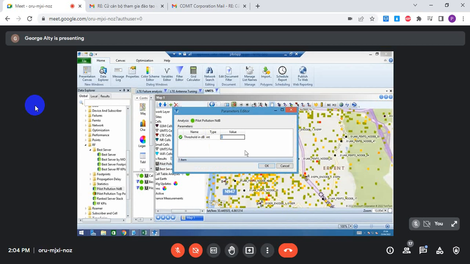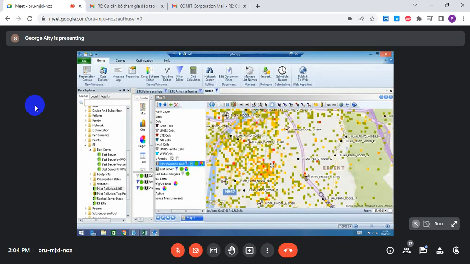So whatever threshold you want it to be considering it's interfering, you can set in that particular value there in P. So that would indicate an area here where we have potential pilot pollution.